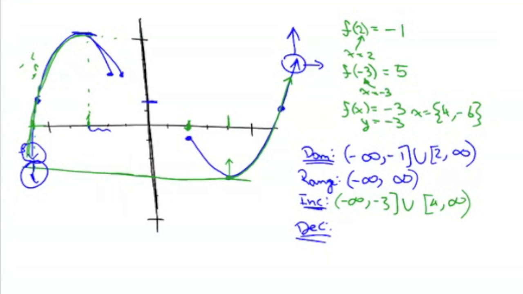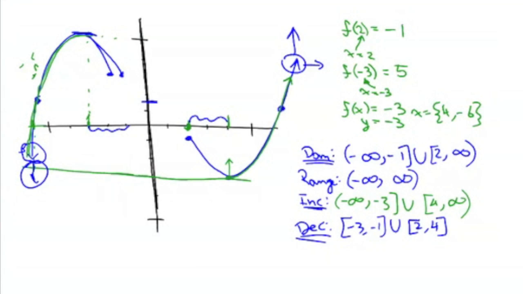So this interval here, it's decreasing. Negative 3 to negative 1. Where else is it decreasing? 2 to 4. It's going downhill in that little portion too. So this would be 2 to 4. So that would be domain, range, increasing, and decreasing.